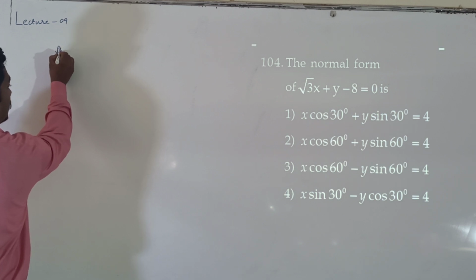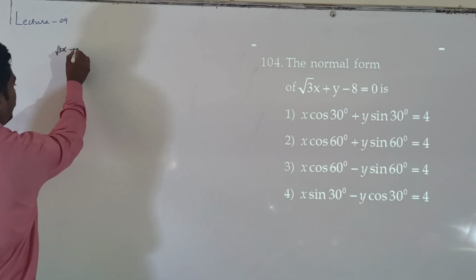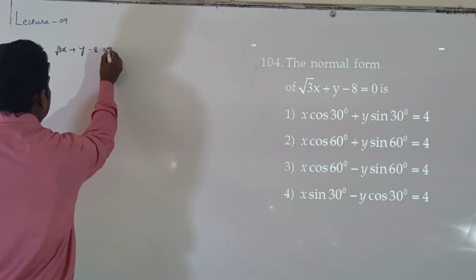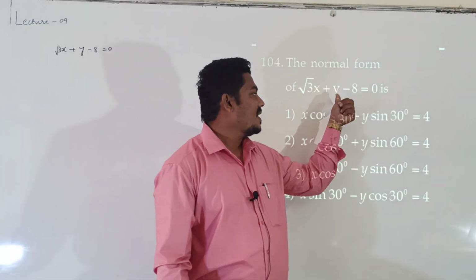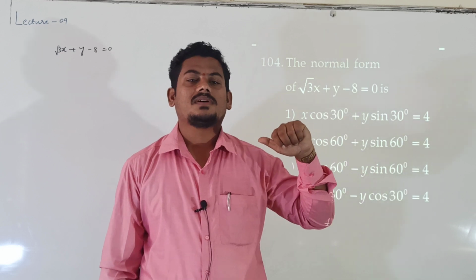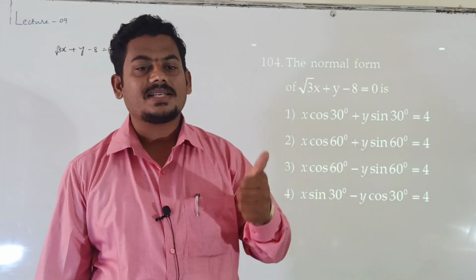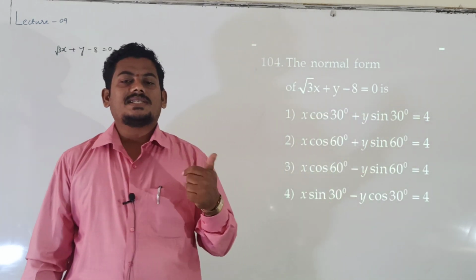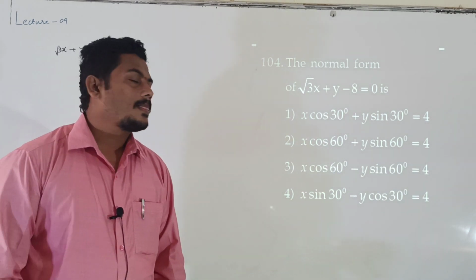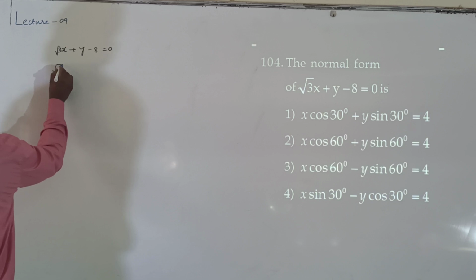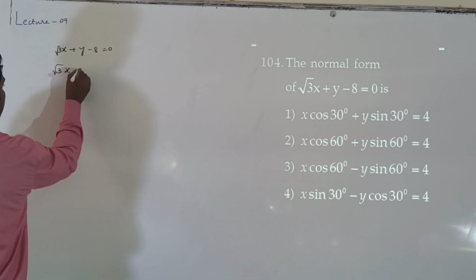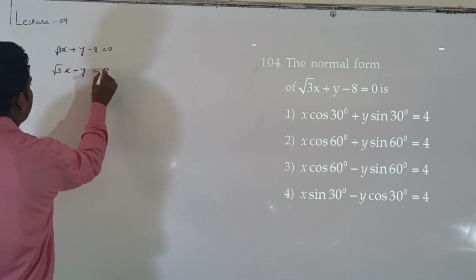That is root 3 into x plus y minus 8 equal to 0. It is the equation of the line. We should reduce this equation into normal form, which means the form x cos alpha plus y sin alpha is equal to p. For that, first send the constant term to the RHS. Then it will be root 3x plus y equal to 8.